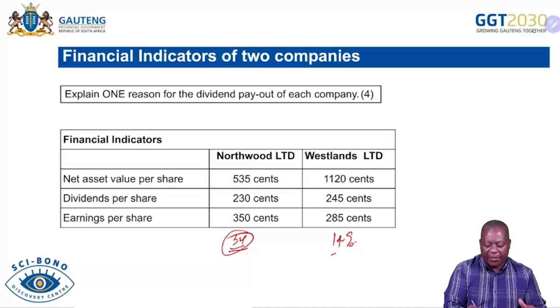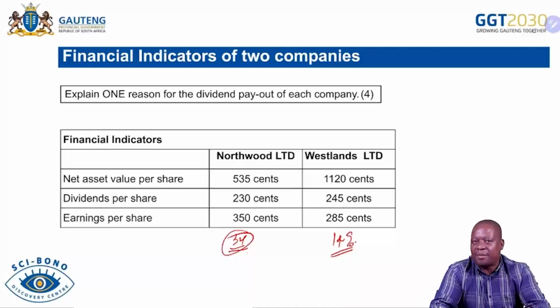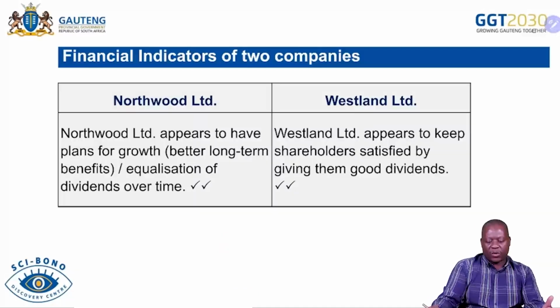And then why are these ones giving more in dividends? Maybe they've expanded enough and this is the time to try and make their shareholders happy. So out of all the money that they are getting as profit, they pass it on to their shareholders as dividends. Now, these are expected responses that we can have.